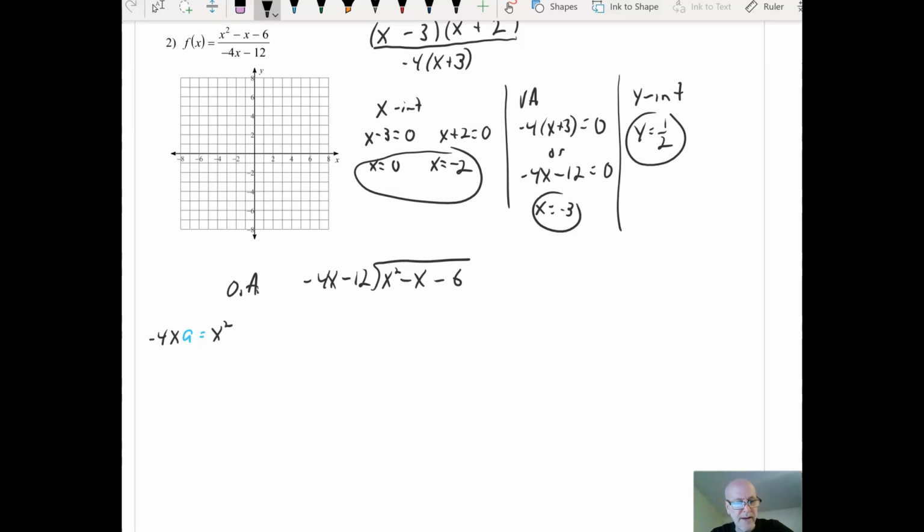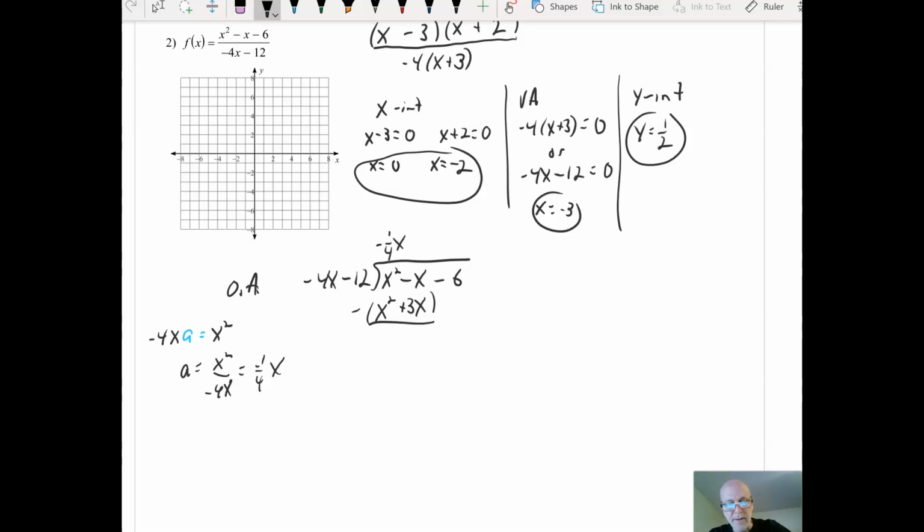So we divide both sides by -4x, and we get a equals x squared over -4x, which is -1/4 x. That's what goes up here. When we multiply that by -4x, we get x squared. When we multiply that times -12, we get 3x. And we subtract.